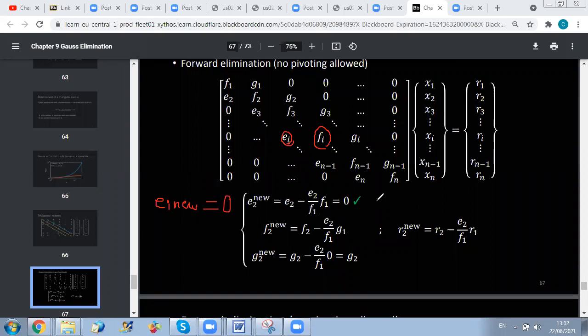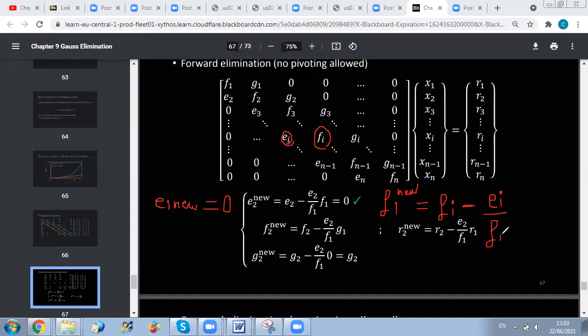Now, Fi new, okay, will be equal to Fi, the old value, minus the factor, which I consider Ei over Fi minus 1, okay?